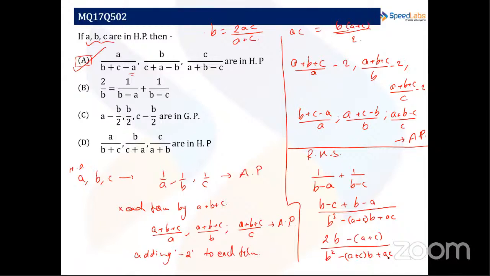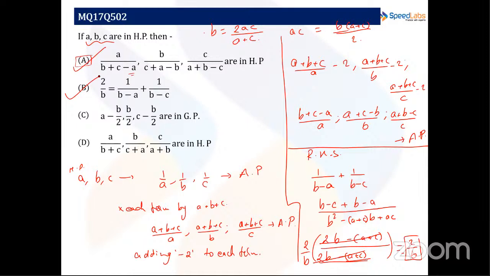So putting this value of AC as B into (A plus C) by 2, the terms simplify, these two terms get cancelled out, and we get 2 upon B. So yes, option B is correct.